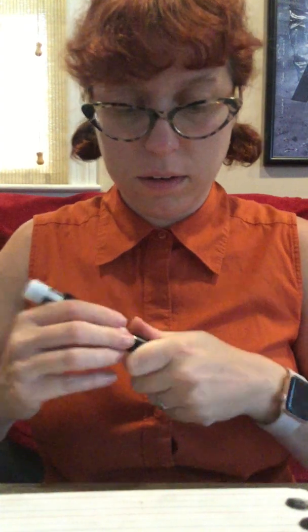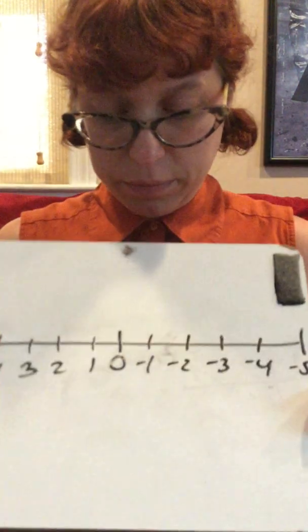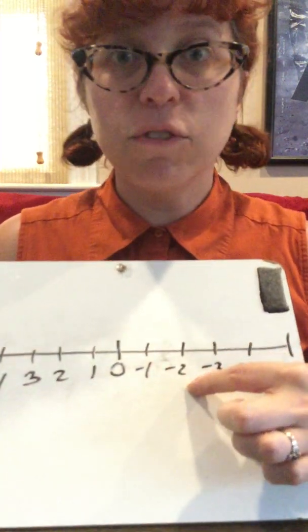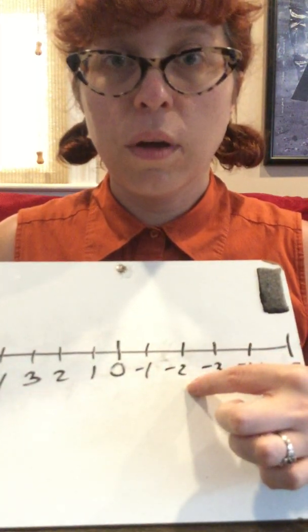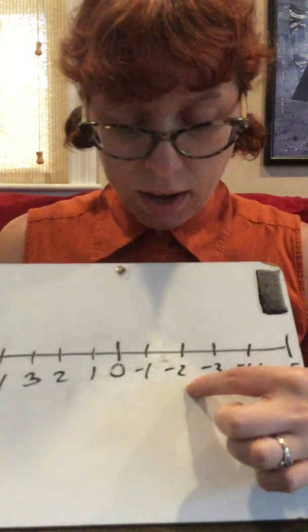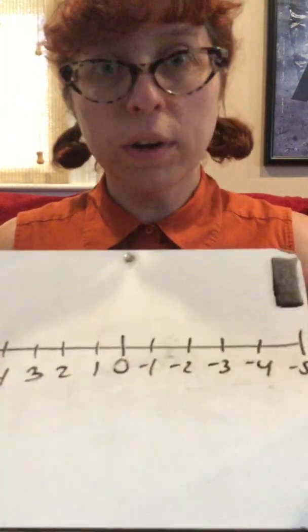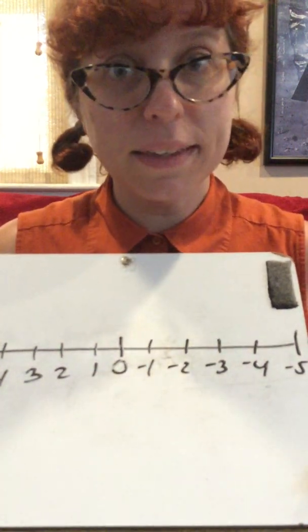Oh, no, subtracting, huh? You're counting to the right. So, if I had -2, but I'm taking away -2, you're going 1, 2, you're at 0. Make sense? Okay.